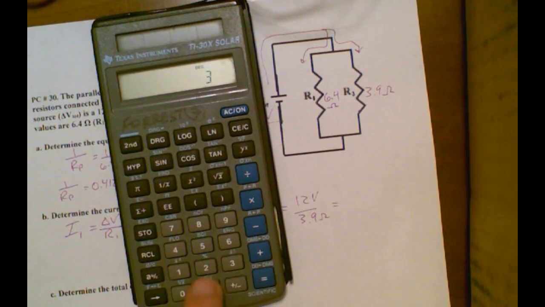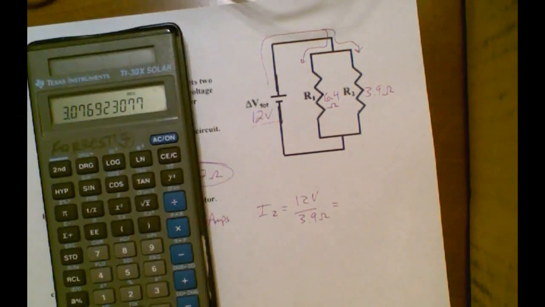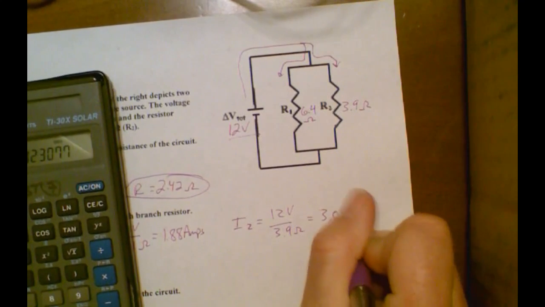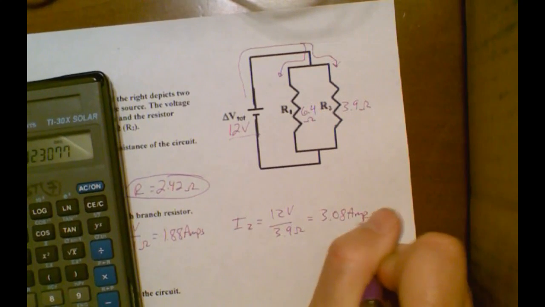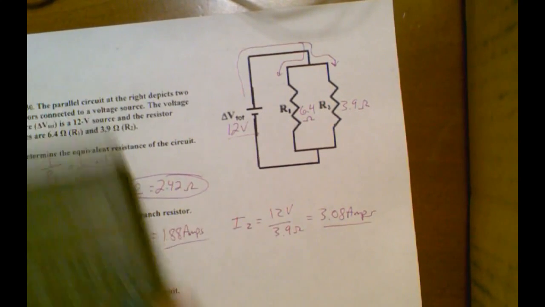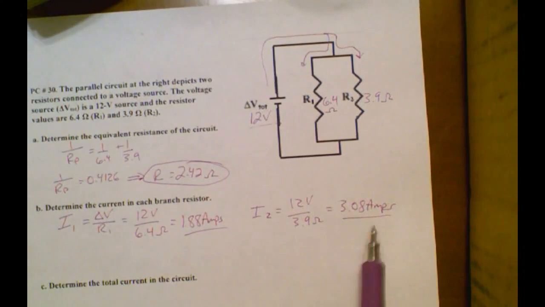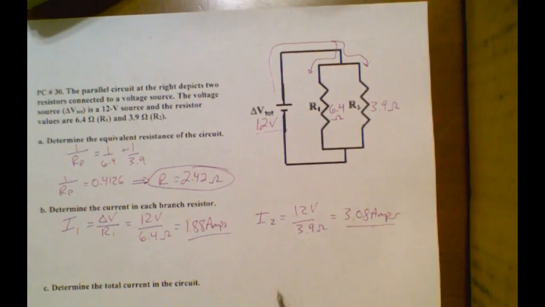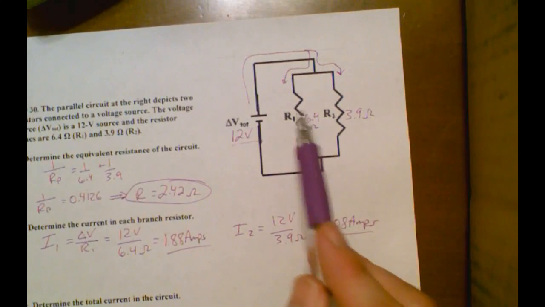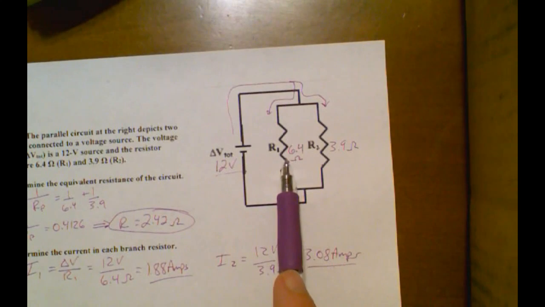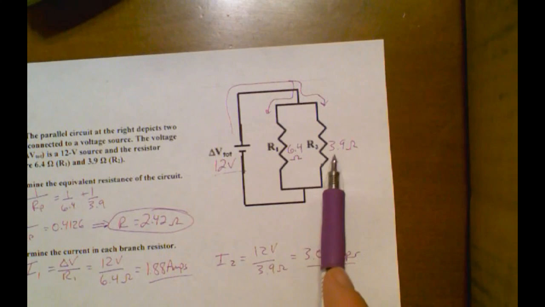Divided by 3.9, that's 3.08 amps. So the total current that the battery produces in this circuit would simply be those two added together, because I've got 1.88 amps going through this, 3.08 amps going through that. Hopefully it makes sense. You've got less current going through the branch with more resistance, more current going through the branch with less resistance.